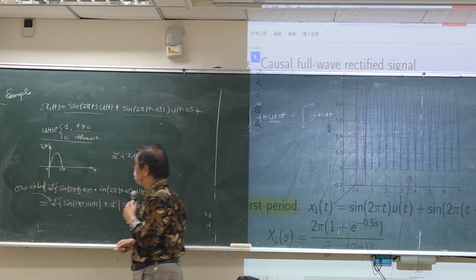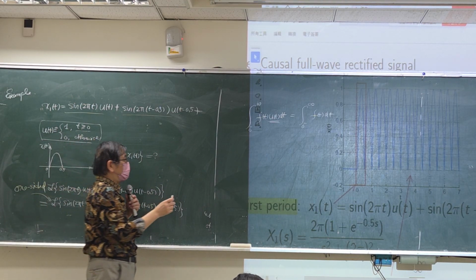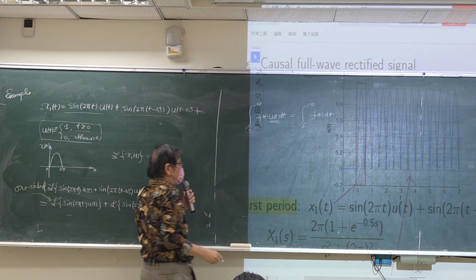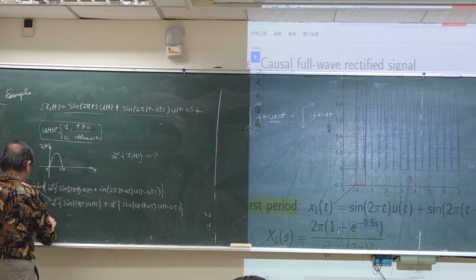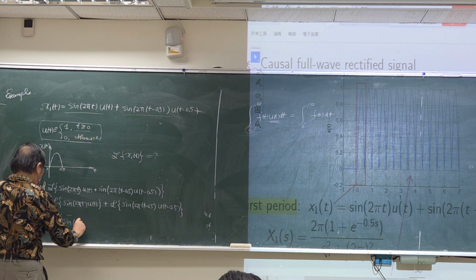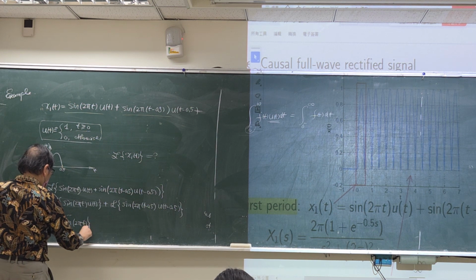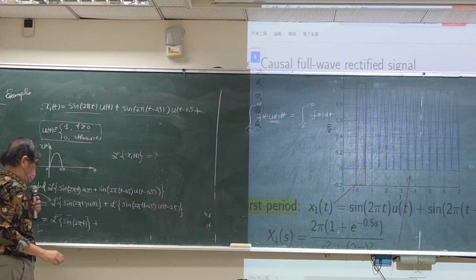Because we are using the one-sided Laplace transform, we start from 0, so we don't need to carry that anymore. So this is equal to the Laplace transform of sine of 2 pi t. But what about the second term here?